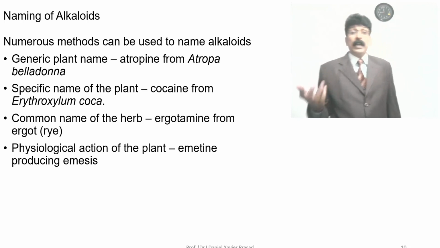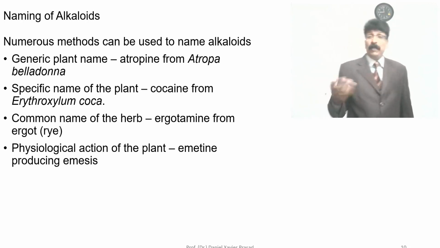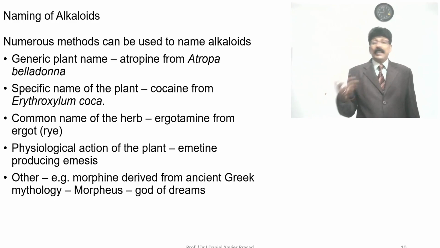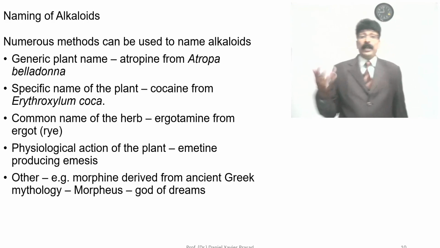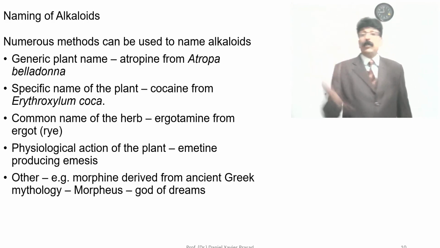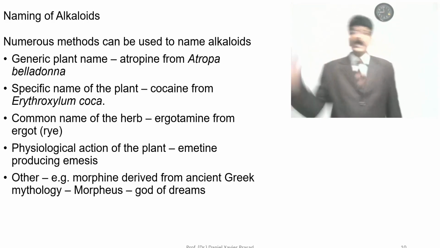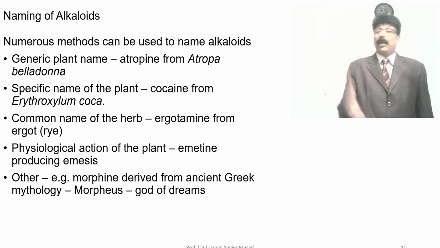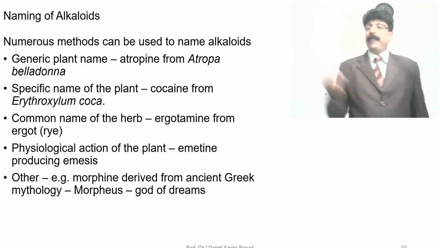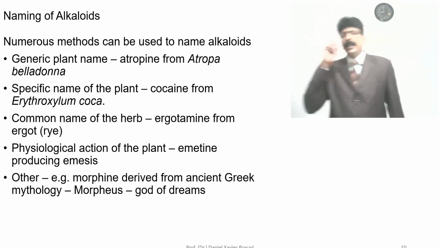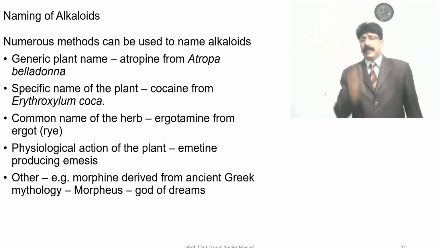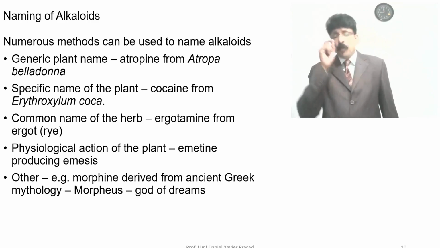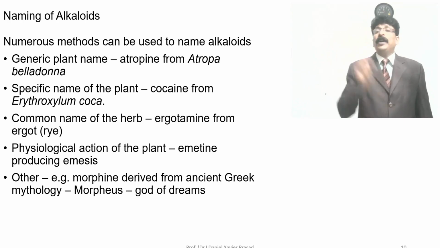By physiological action, emetine is from emesis, which it causes. Morphine is derived from a Greek god, because it is the oldest drug used for various ailments, not only for sedation and hypnotic effect, to relieve pain or as a narcotic. It was a drug of choice 3000 years back, one of the plants most commonly used by human beings for various ailments.